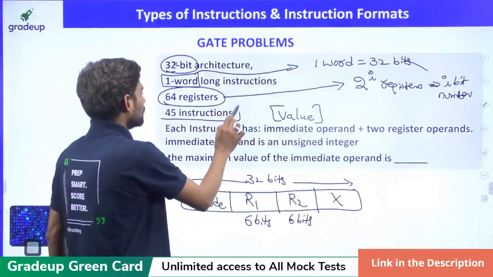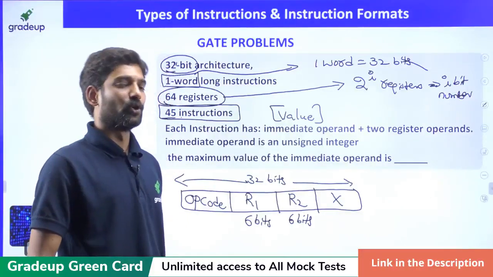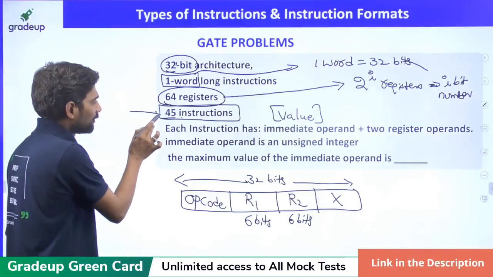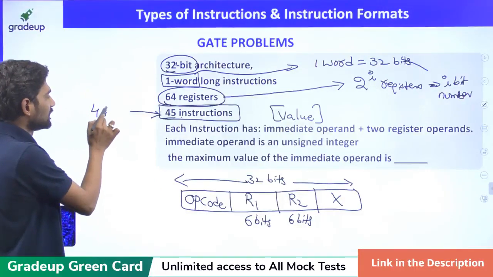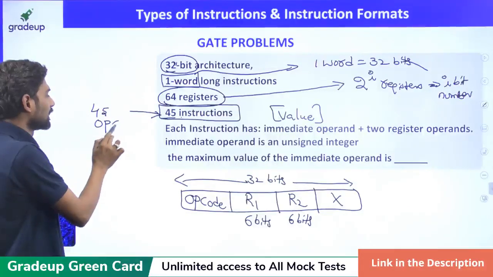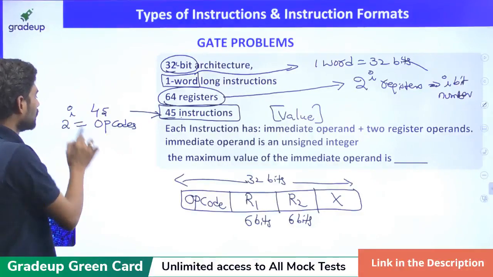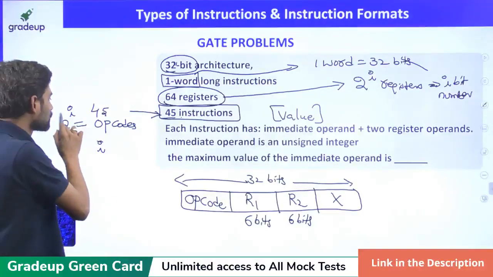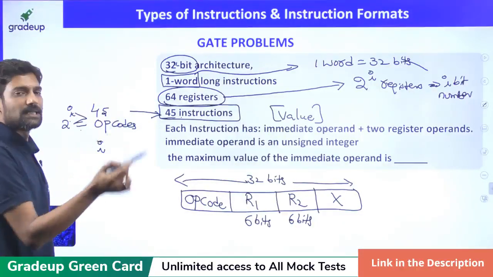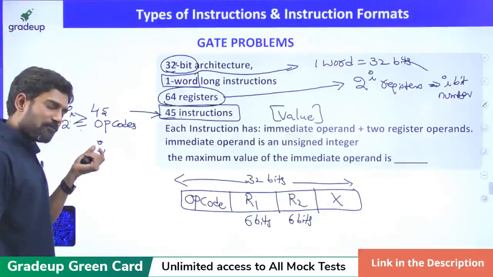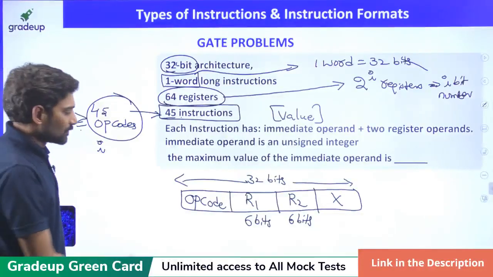Now, every instruction will have what as mandatory? Opcode. So based on the number of instructions, the number of opcodes can be understood. As it is given 45 instructions, you can understand there are 45 opcodes. So if this is 2^i, what is i? This 2^i should be greater than or equal to 45. With which i value is this satisfied? 6 bits, right?